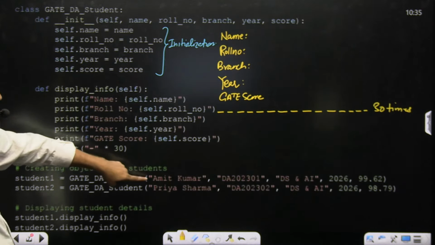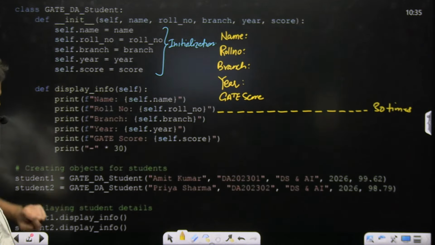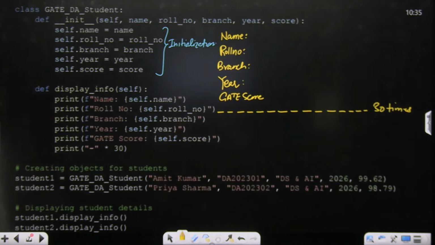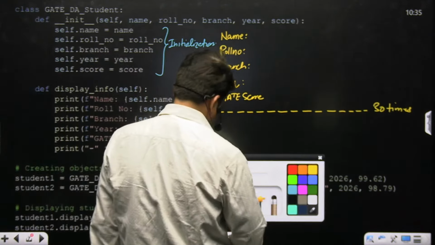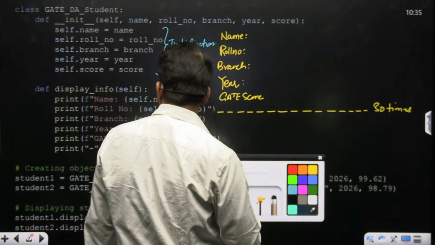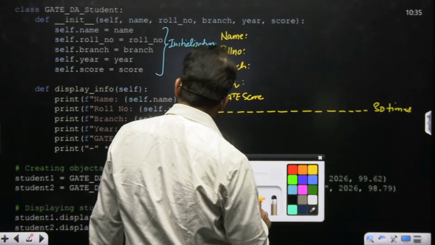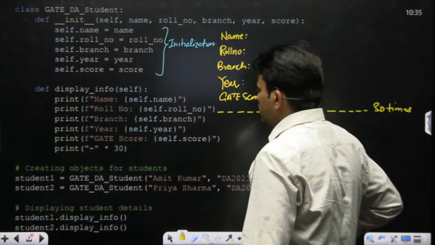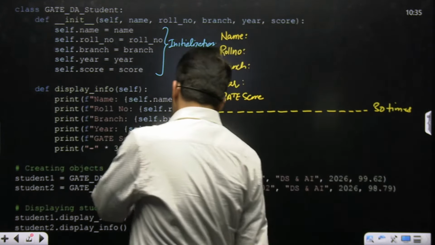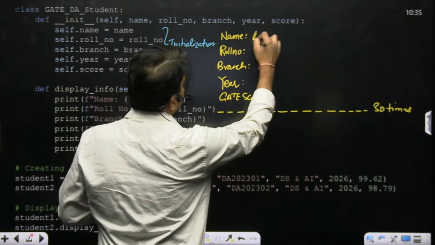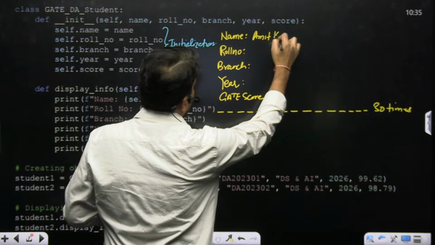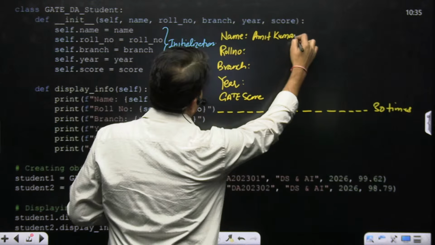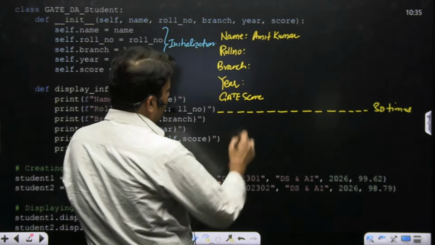जो भी आप यहाँ से देंगे वो initialize हो जाएगा. Fine. अगर आप यहाँ से display करेंगे तो कैसा output आएगा बताओ. So first name is what you are passing, student 1 Amit Kumar. Name is Amit Kumar. Roll number is what, sir?